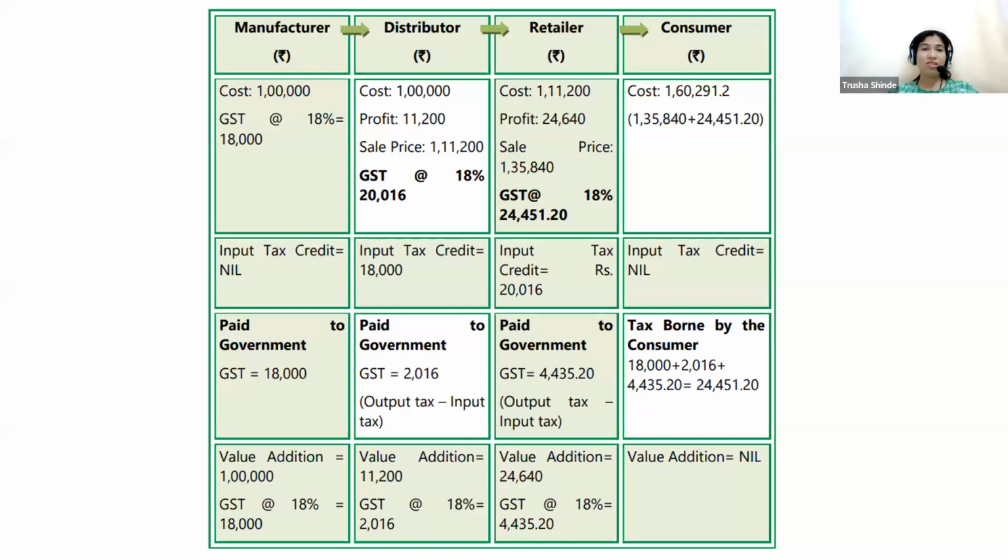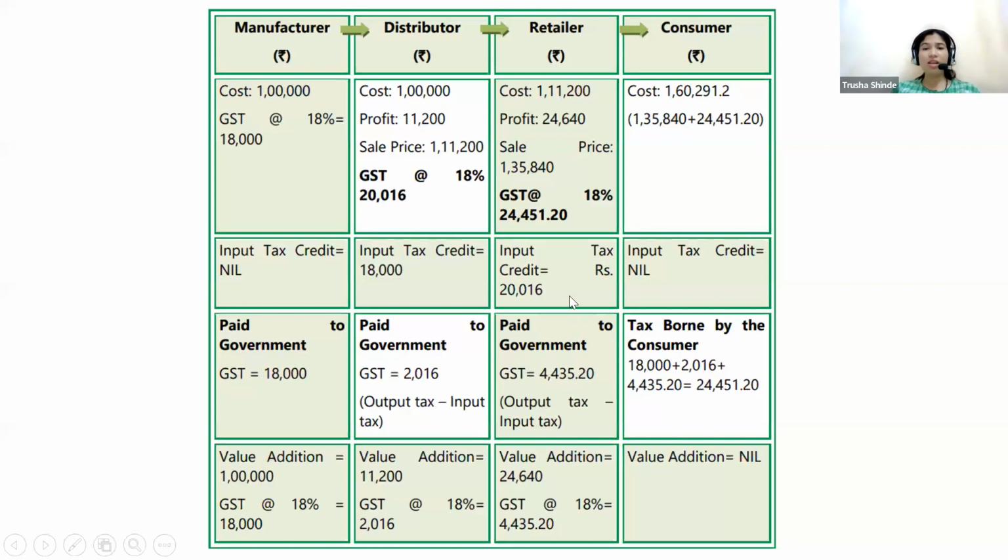Whatever purchasing is done by the concerned person comes into ITC. For the manufacturer, there was nothing to be claimed, so the ITC becomes 0. For the distributor, he has purchased from the manufacturer, so whatever he pays becomes creditable to him, amounting to rupees 18,000.